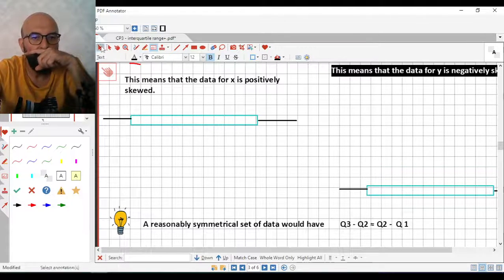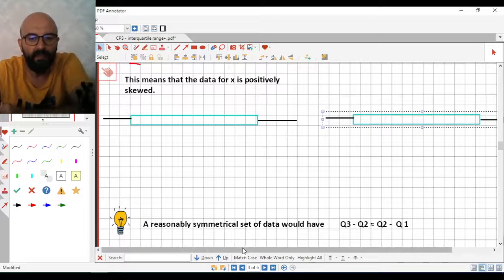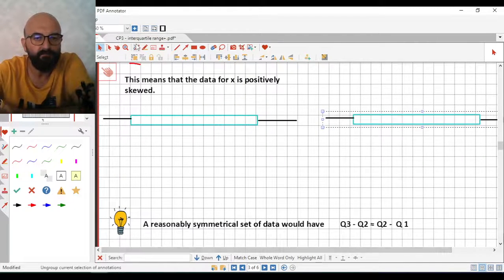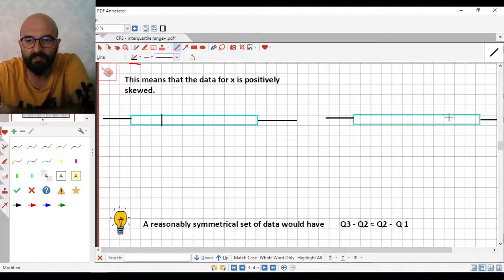Now we have two box and whisker diagrams, and in any question, if you see the median like this, and if you see the median like this.